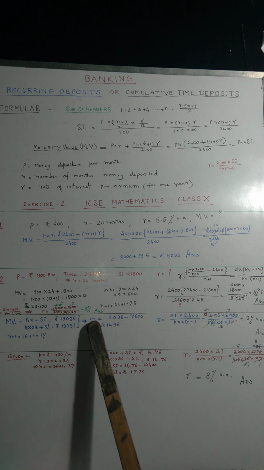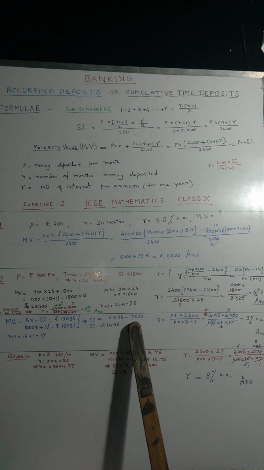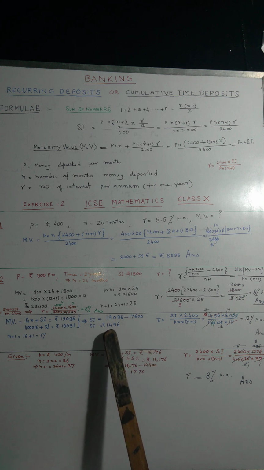So the SI we can work out: simple interest is 19,096 minus 17,600. This will be equal to 1,496.